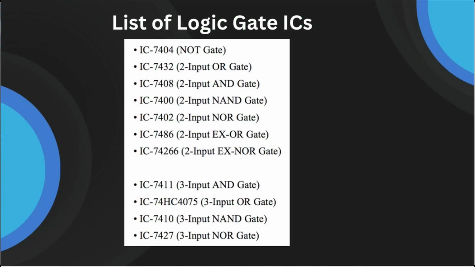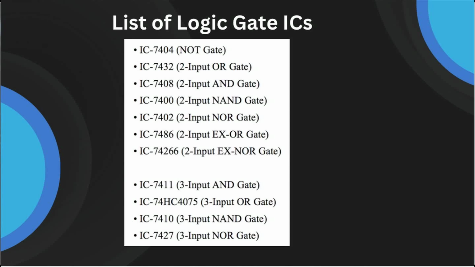Now let us see the list of the logic gate integrated circuits which are used for simulation purposes. First is IC 7404, the NOT gate IC. Then IC 7432, the 2-input OR gate IC. IC 7408 is the 2-input AND gate IC.